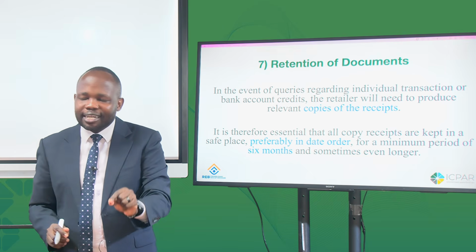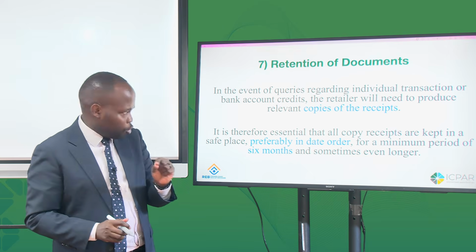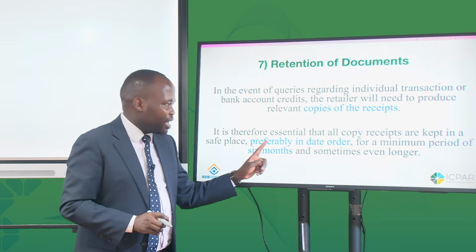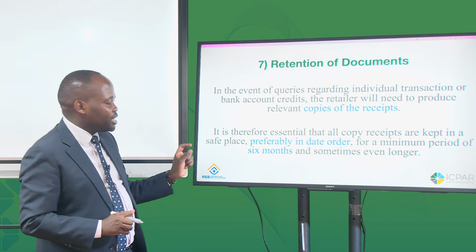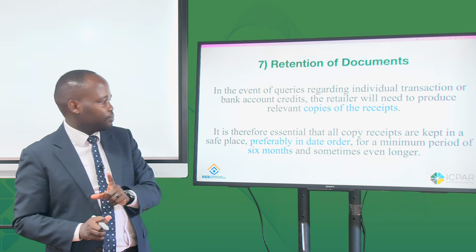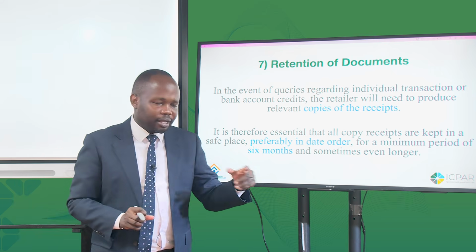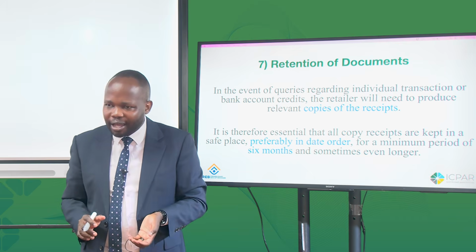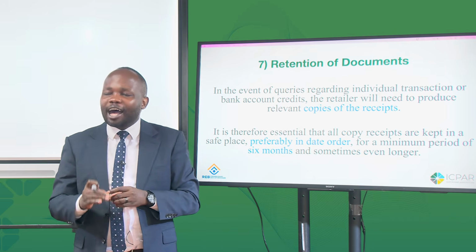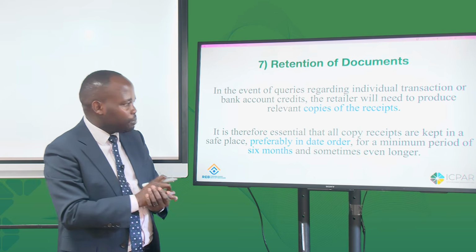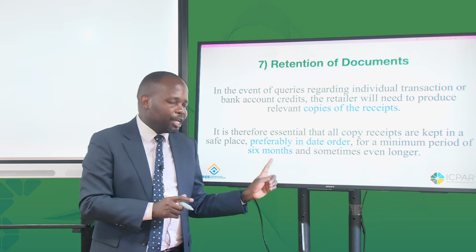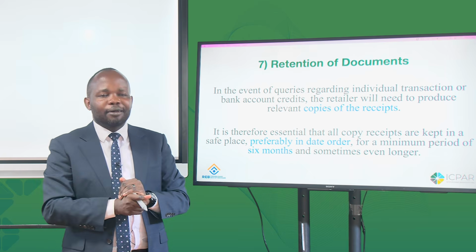So it's important to keep these documents. It is therefore essential that all receipts are kept in a safe place, preferably in date order, so that it enables you to extract a certain receipt from where you kept it, for a minimum period of 6 months.